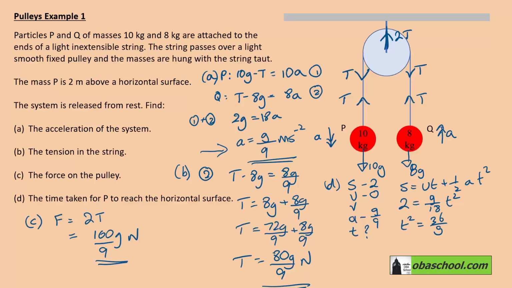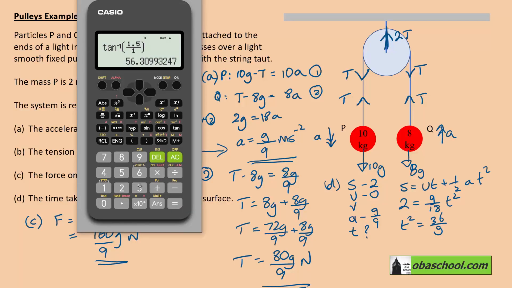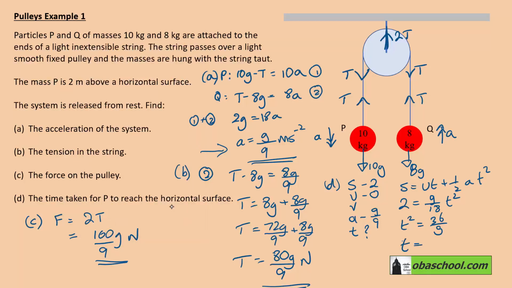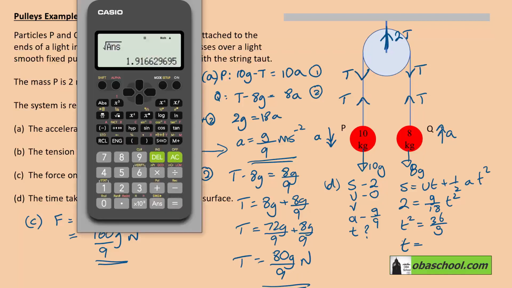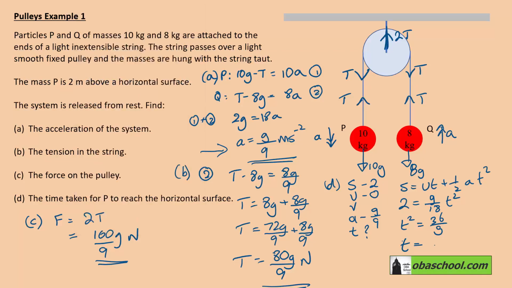And we probably should calculate this one. So 36 divided by 9.8 is t squared, and then we'll square root that answer. So that gives us t equals 1.92 seconds.